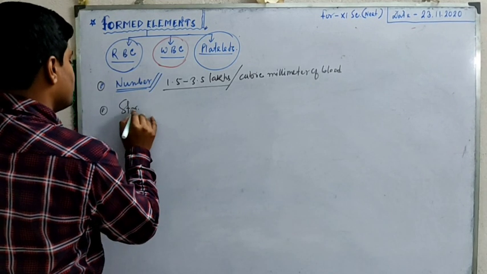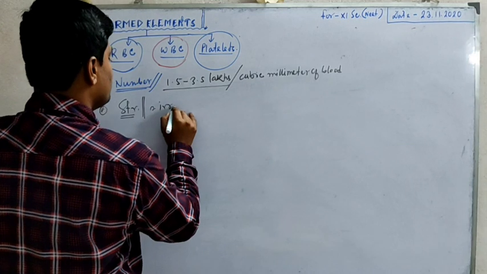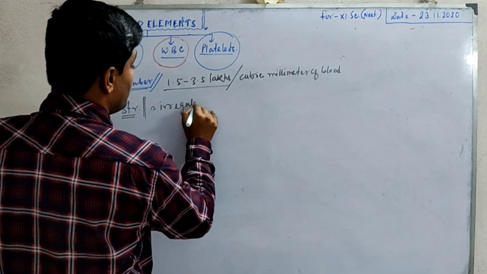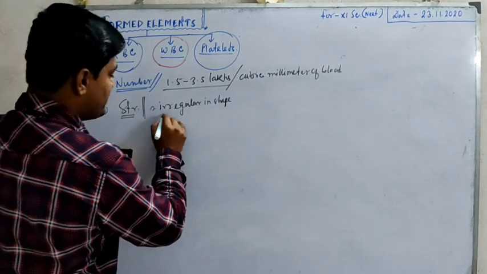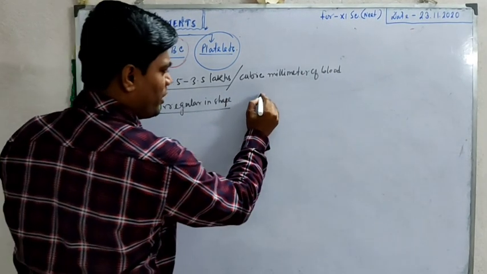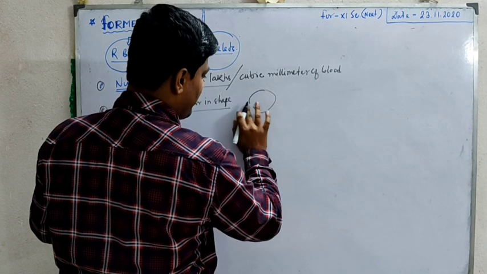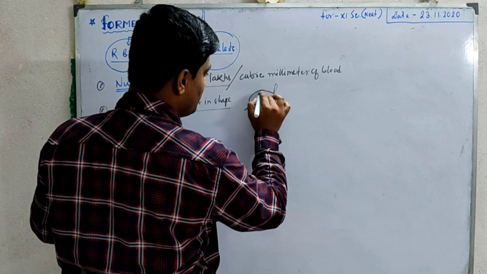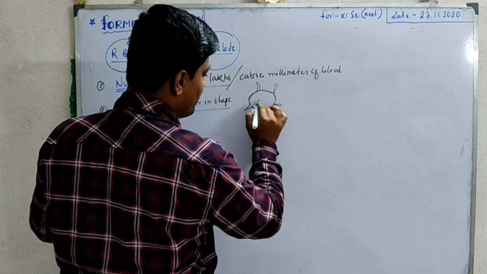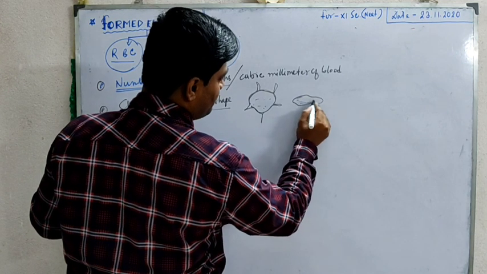The structure is irregular in shape. Different types of shapes occur, as we show in this figure, irregular, of various kinds of shapes. One type of shape, this is the shape, another this is the shape.